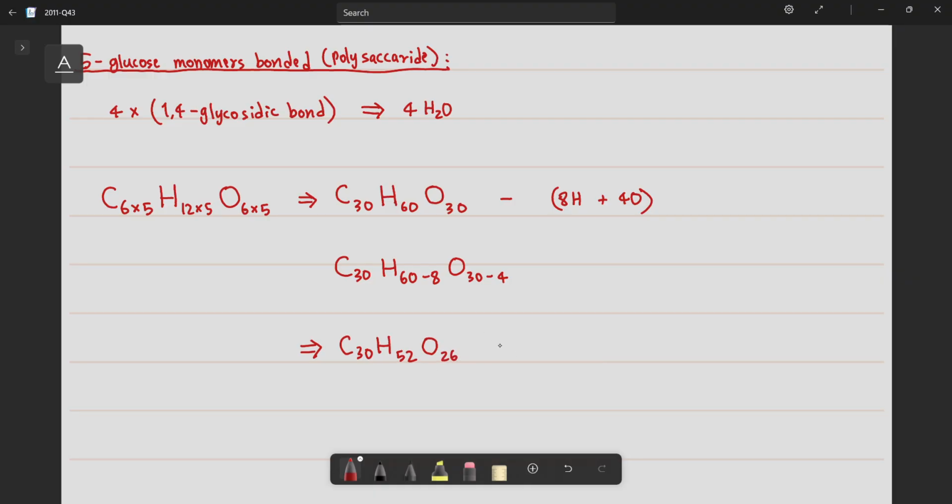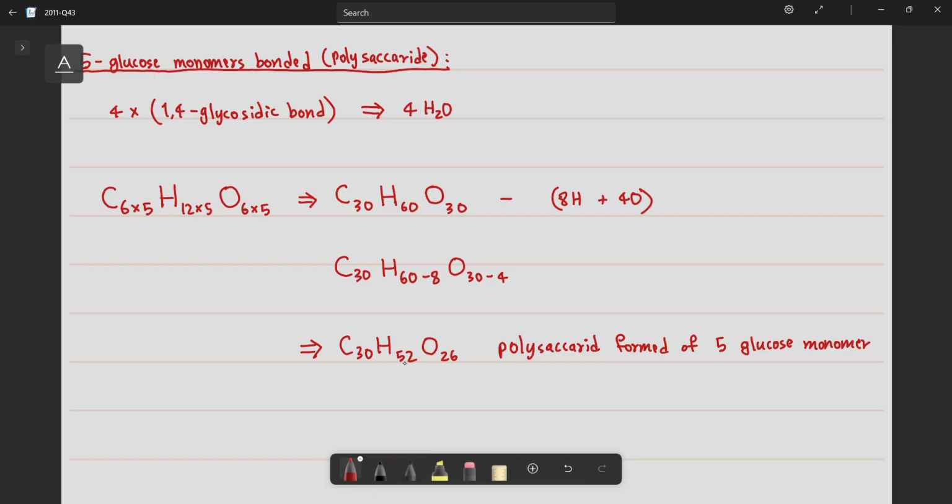So this is the formula of the polysaccharide formed of 5 glucose monomers.